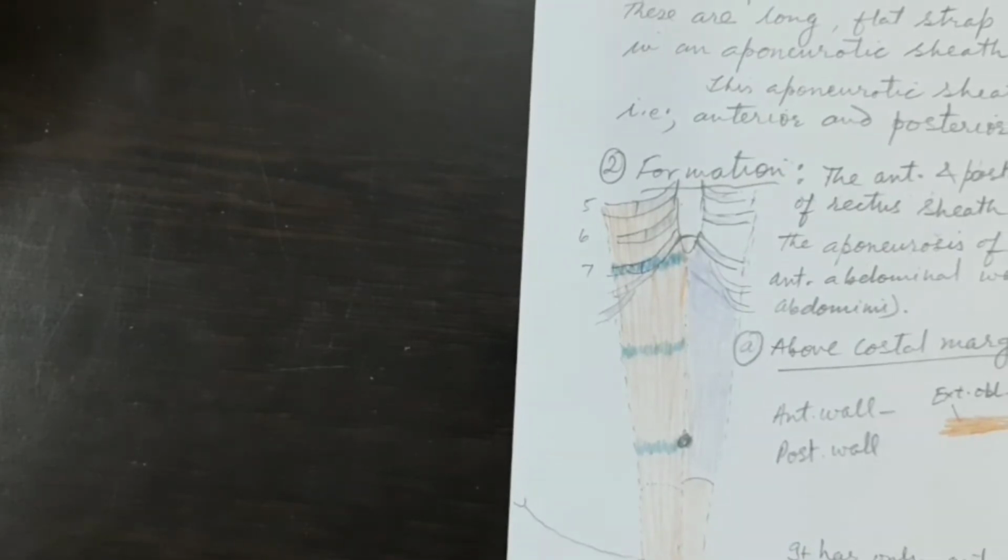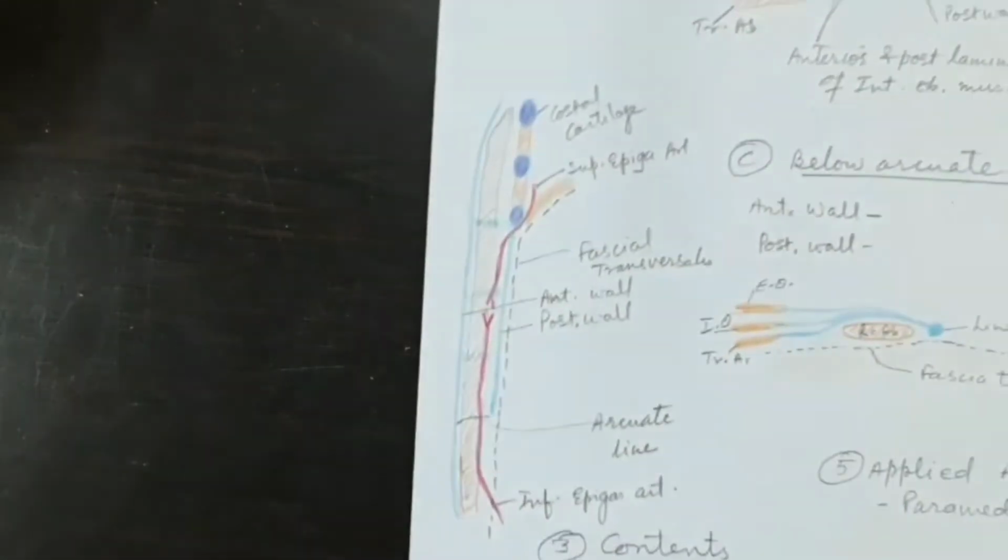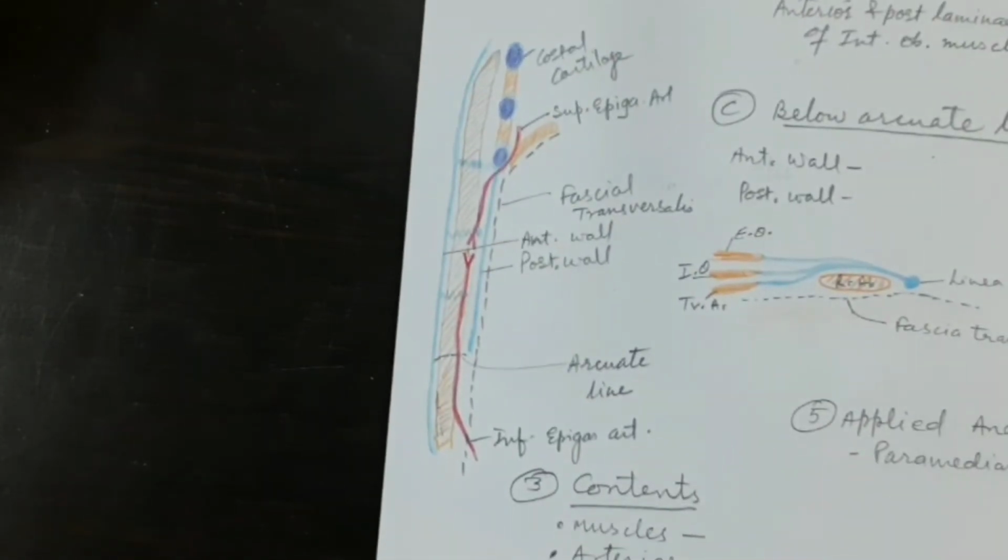So only in the intermediate part, from the costal margin to the arcuate line, was the sheath complete, having an anterior wall as well as a posterior wall. But below the arcuate line, it is the fascia transversalis on which the muscle will directly lie. So these were the relations and formation of the rectus sheath in three different zones.